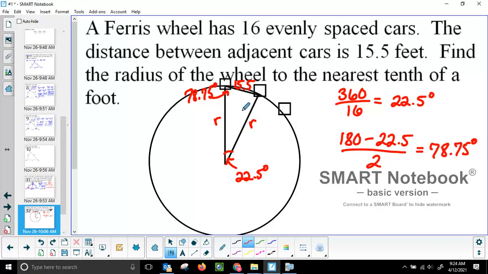So I can set up a law of sines: sine of 22.5 divided by 15.5 is equal to sine of 78.75 divided by r.